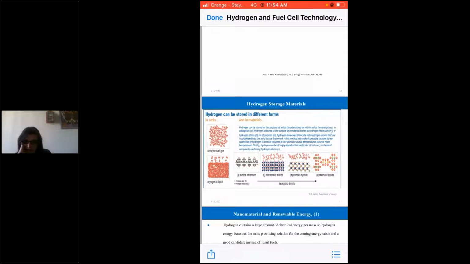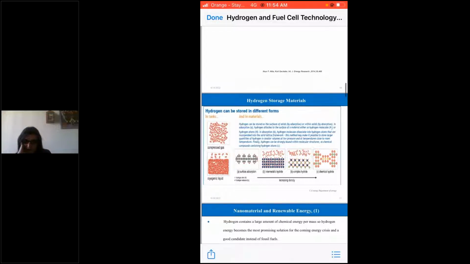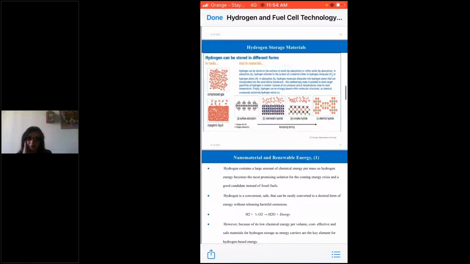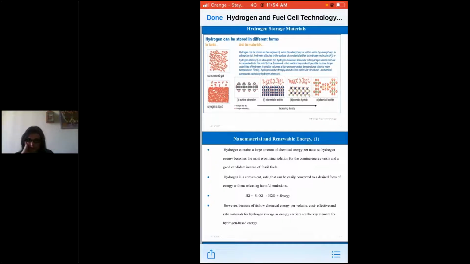All of these storage ways have some advantages and disadvantages. Right now, the technical dilemma is finding a safe, convenient storage medium for hydrogen to be used safely in a vehicle, for example.